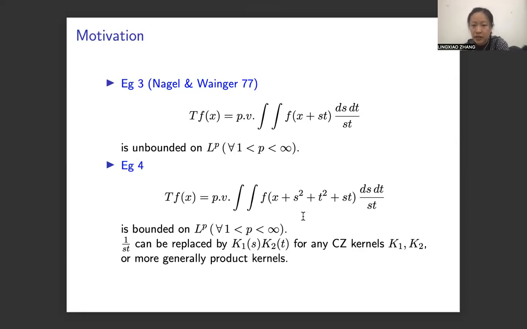But if we change that operator slightly by adding s squared plus t squared here, then the operator becomes bounded on every L^p. And this kernel 1 over st can be replaced by a product of any Calderón-Zygmund kernels, or more generally can be replaced by any product kernels.